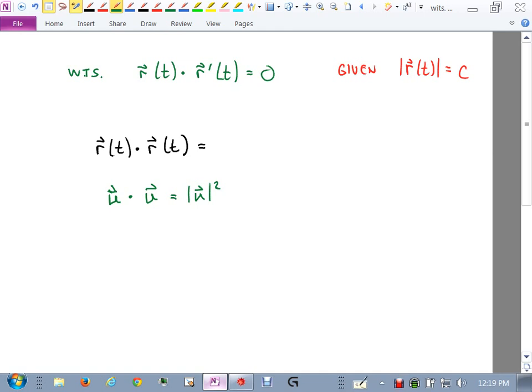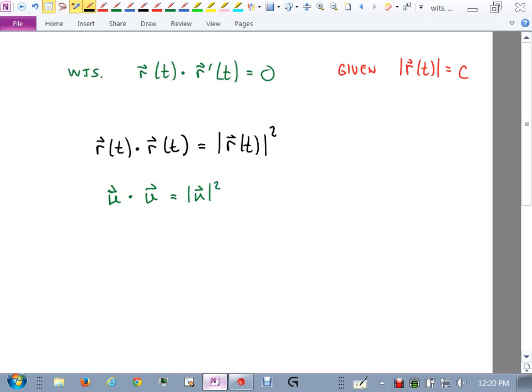And see, the magnitude is here now, right? So r dotted with itself gives us that magnitude squared. Then I have some relationship between a dot product and a magnitude. That's the first connection a math person would make. I know this much is true.